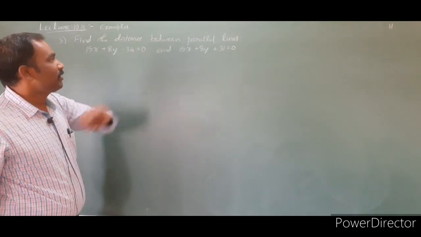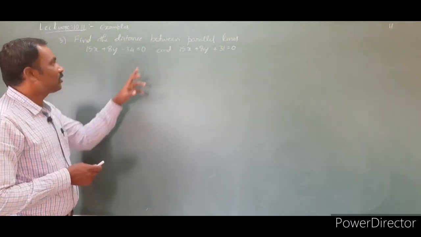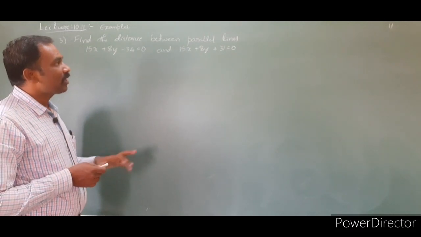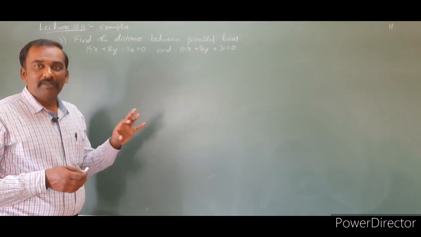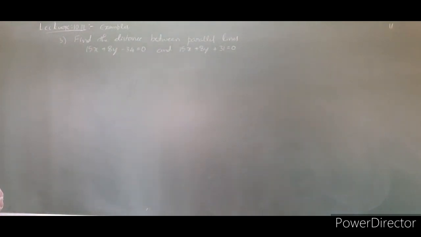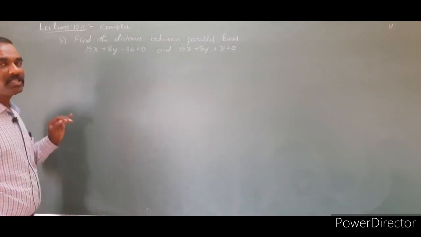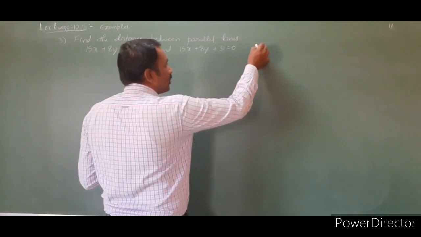Find the distance between the parallel lines 15x plus 8y minus 34 is equal to 0 and 15x plus 8y plus 31 is equal to 0. They have only given parallel lines. We need to find the distance between these two parallel lines. How do you find the distance between these two parallel lines? Already you know the formula. What is the distance between parallel lines formula?